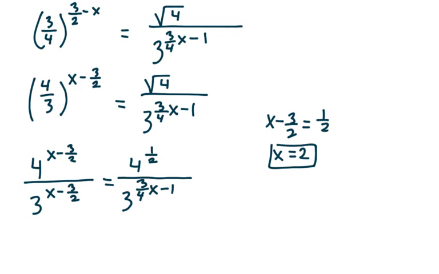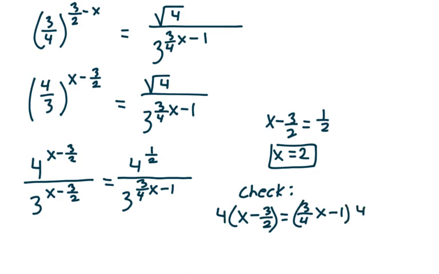Now, if I check, and if I did everything right, I'm going to take x minus 3/2 and set it equal to 3/4 x minus 1, right? So I'm going to multiply both sides by 4. That's going to clear the fraction, okay?